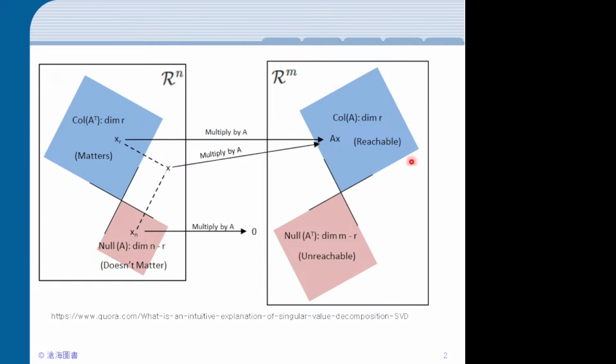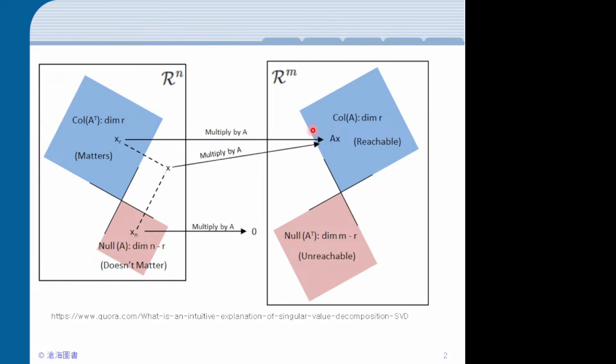And this is also dimension r. So dimension r maps to dimension r. They actually do the mapping, and the dimension n minus r just goes to 0. And then there is the null space of A transpose, which is a complement to the column space, and those are things that you will never reach by applying A. Also, if A is nonsingular, so n equals m and A is nonsingular, then you have no null space and no null space of A transpose.